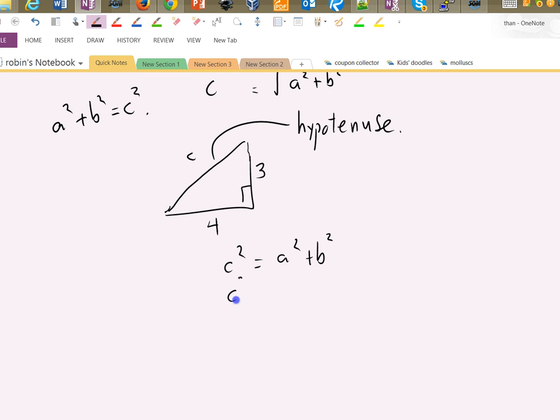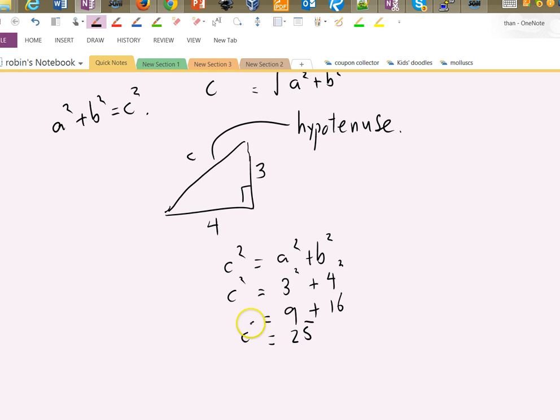All right, so c squared equals a squared plus b squared, and we'll use these values 3 and 4 here. So a is 3, so that's 3 squared plus b squared. B was this one here, which is 4 squared, equals 3 squared is 9, plus 4 squared is 16, which is 25.